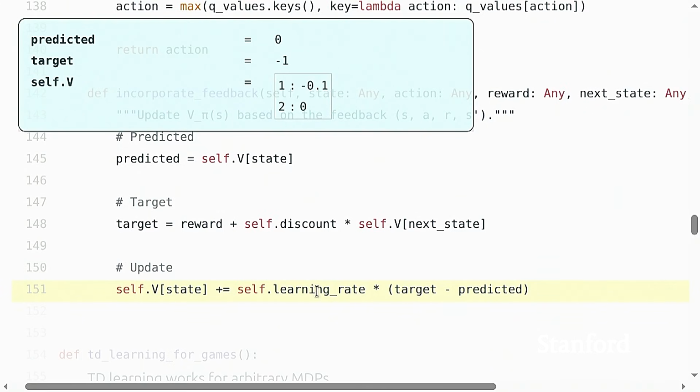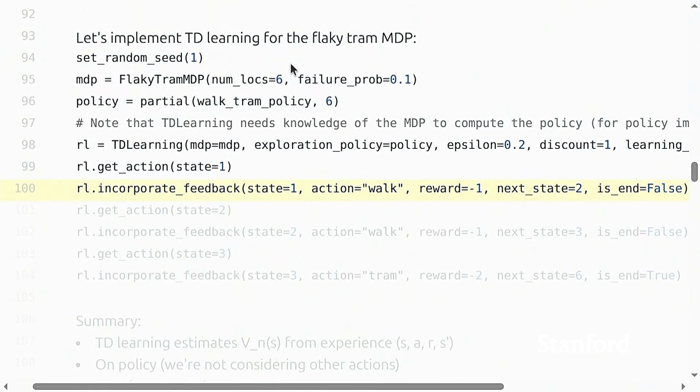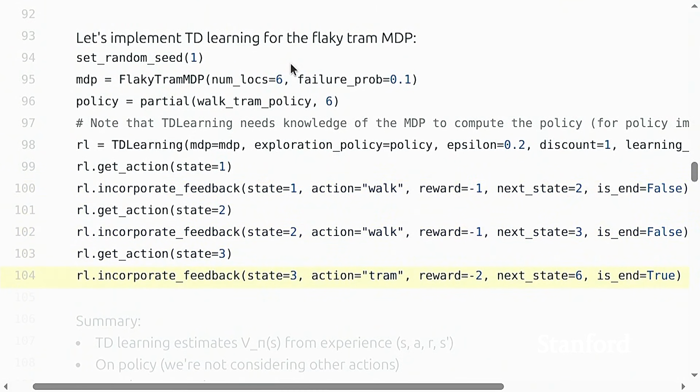In the tabular setting, this has a simple interpretation: I'm just moving the value towards the target and away from the predicted value at some learning rate. In this example, I predicted 0 and the target was -1, so I'm going to nudge the value of state 1 to be -0.1, which is in this direction. Then I do this over and over again, and that is essentially TD learning.